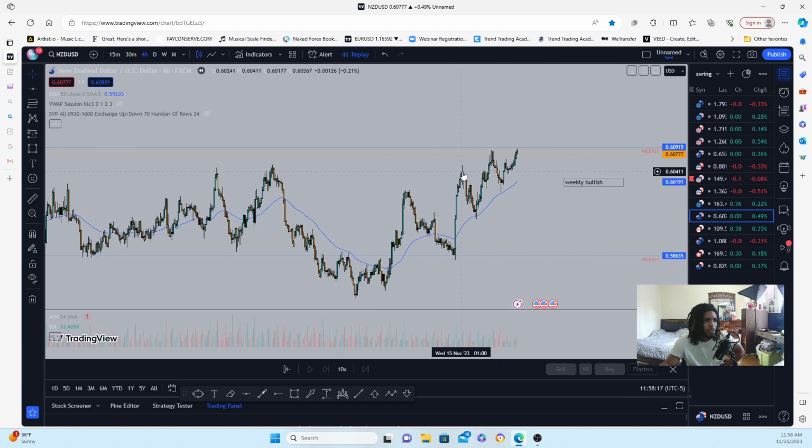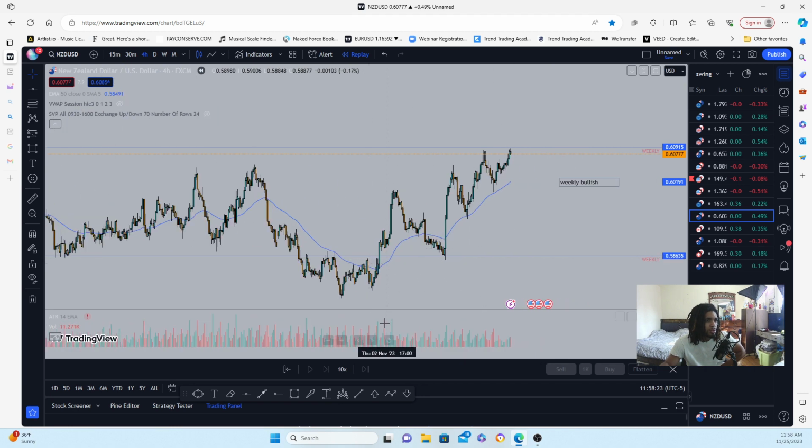Since we got higher highs and higher lows, we're gonna see what's up with it. Trending market. So I'm gonna actually put this trend line right here.